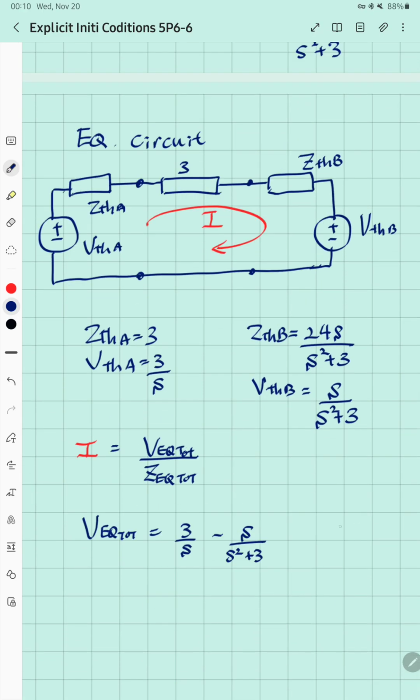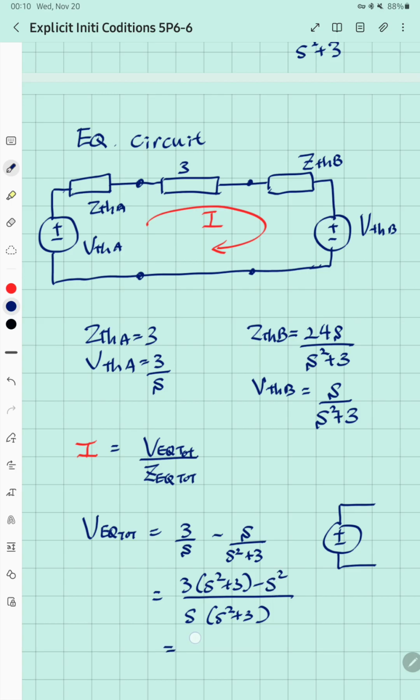So we're still drawing in like this manner. Let's simplify first. That is 3 times s squared plus 3 minus s squared, which is 3s squared plus 9 minus s squared over s cubed plus 3s, which is 2s squared plus 9 over s times s squared plus 3.